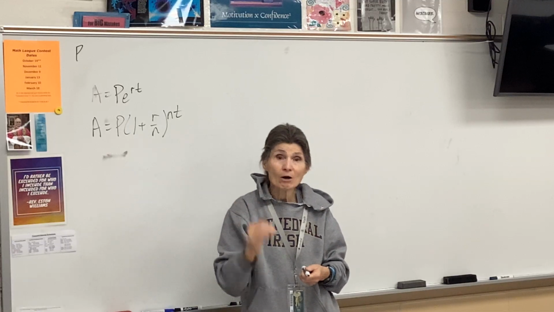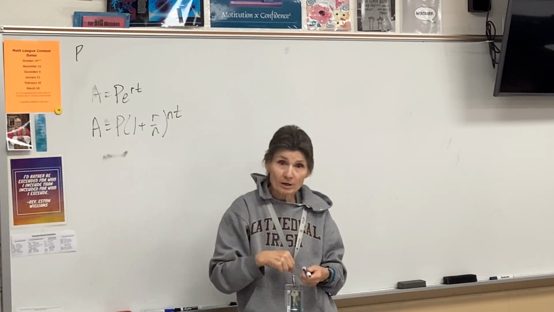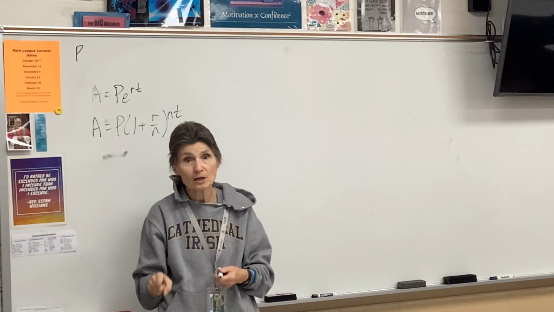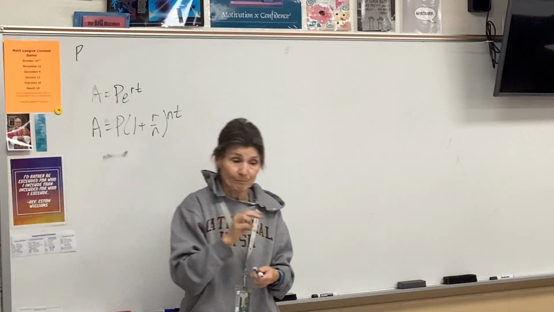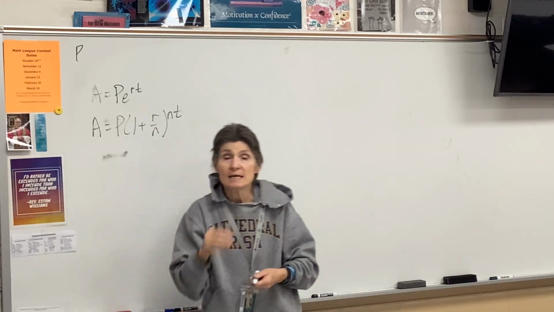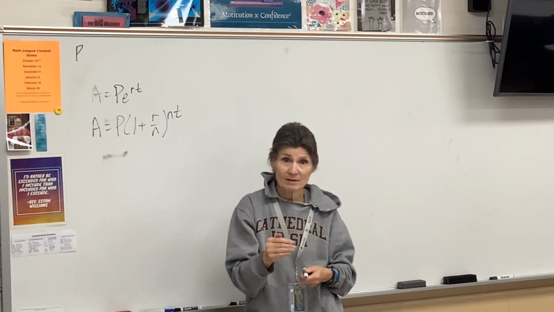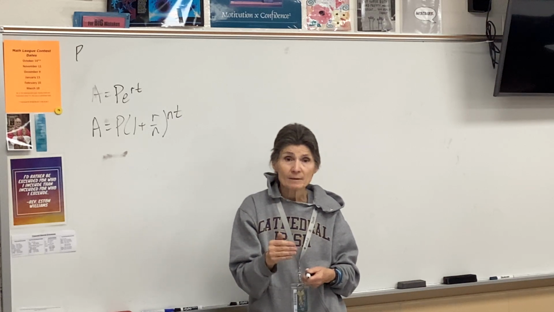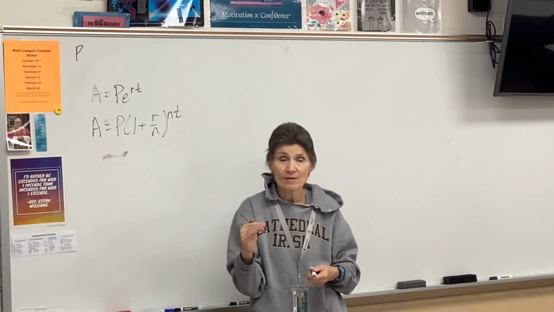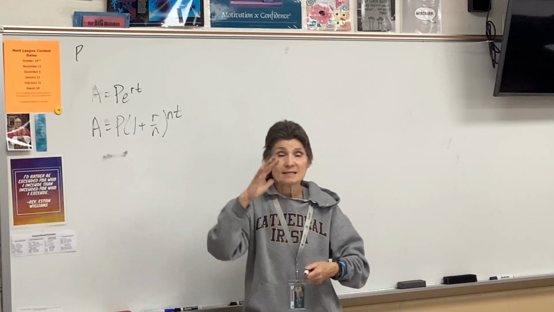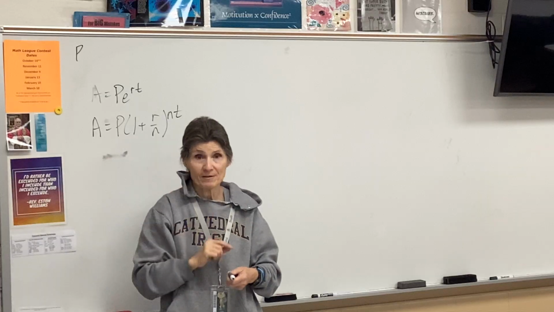If you are paying off a debt, you bought a car, now you got to pay it off. If you're paying off a car loan, a house loan, a credit card loan, if you are paying off a debt, it's PV. All right? Guys, it couldn't be any clearer than that. So, paying off a debt, PV. Saving for the future, FV.